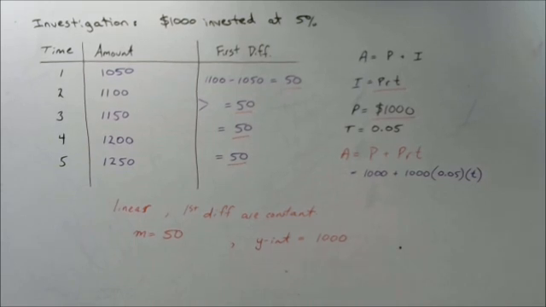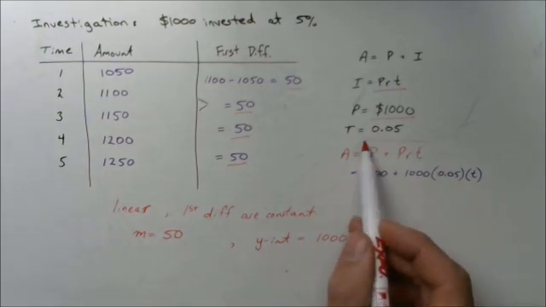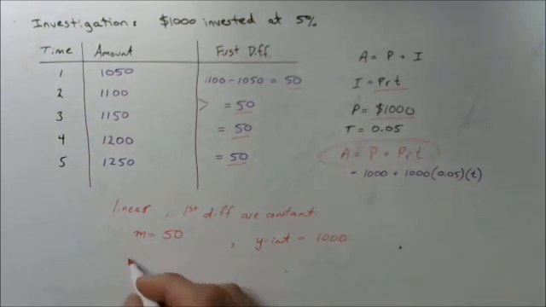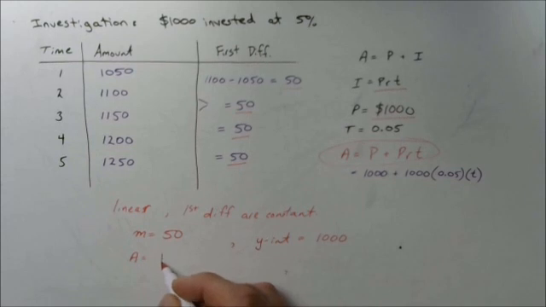Decide whether it is a partial variation or direct variation, and write an equation to relate the amount to the time n, where n is the number of years. We've already kind of done that right there. We've got A equals P plus P times r, and this time they want us to use n to represent the number of years.